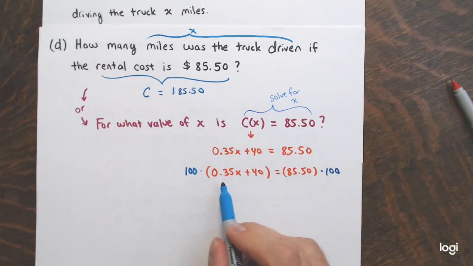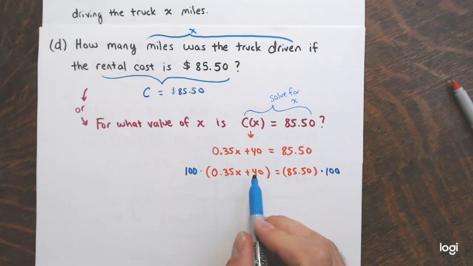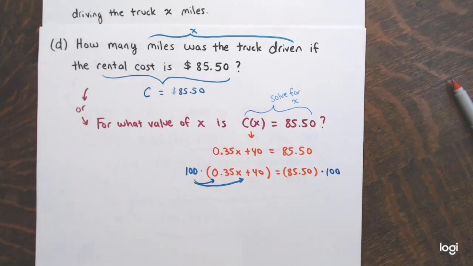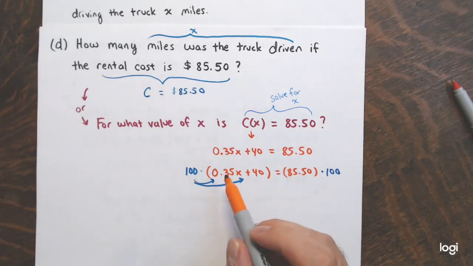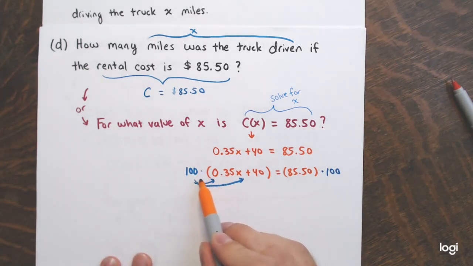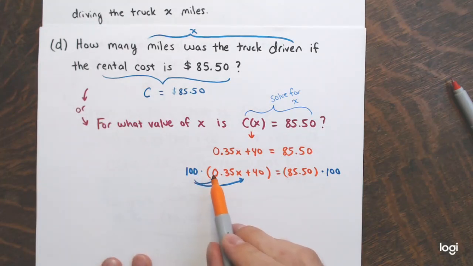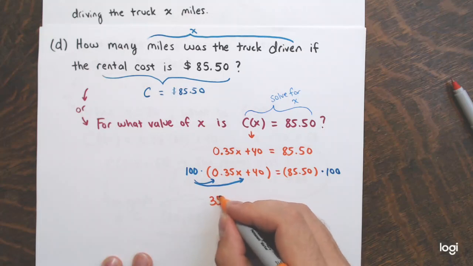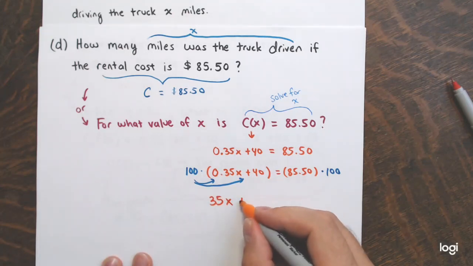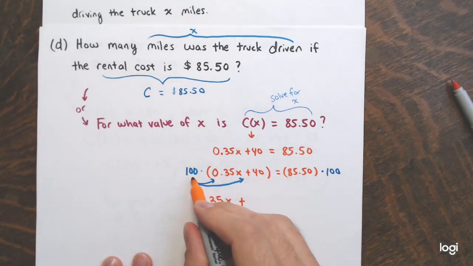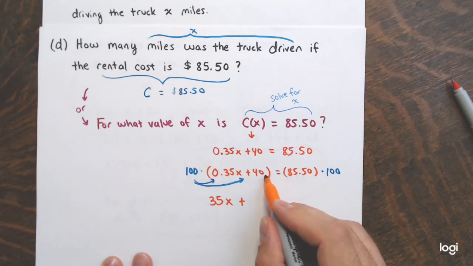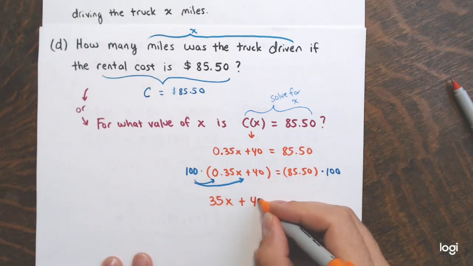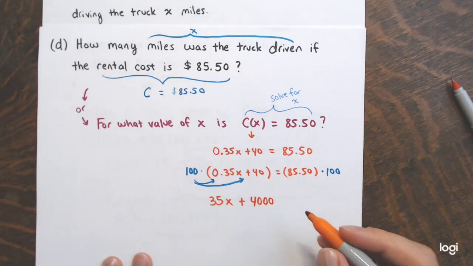Now the left side has multiple terms, 0.35x and 40, so I need to distribute. 100 times 0.35, multiplying by 100 just moves the decimal place to the right 2 places, so this would be 35 times x plus, and then 40 times 100, moving the decimal point right 2 places, makes that 4,000, 40 with 2 more zeros.